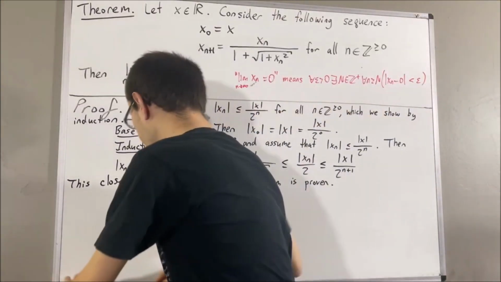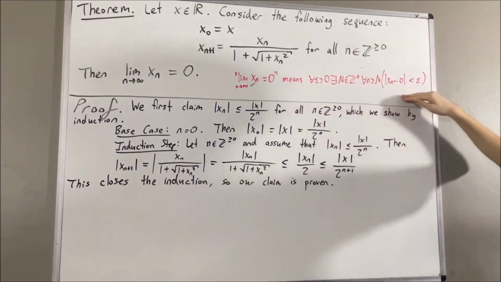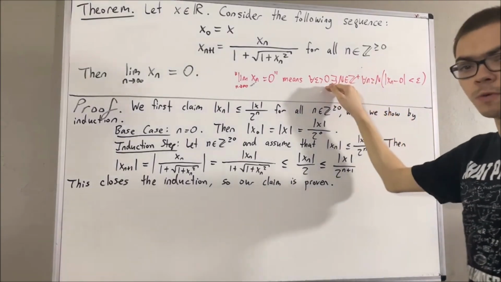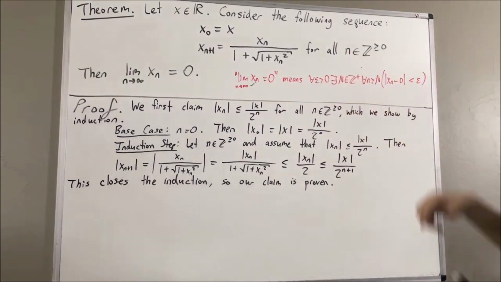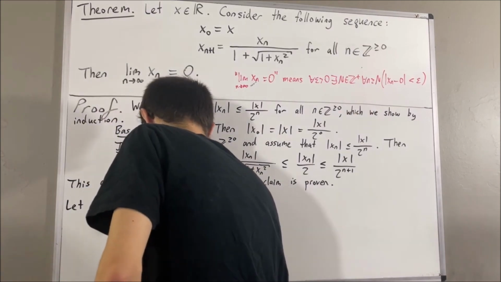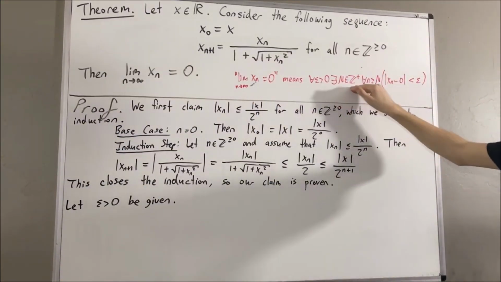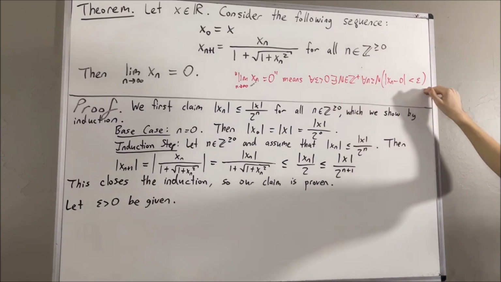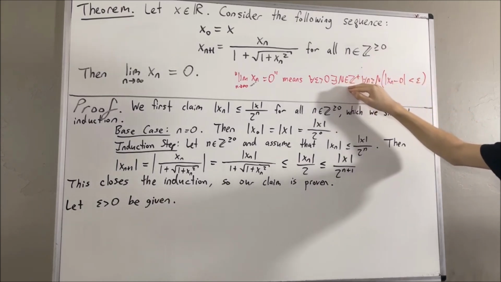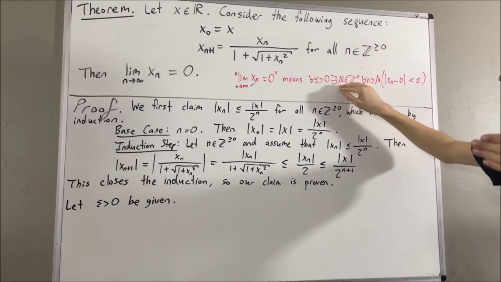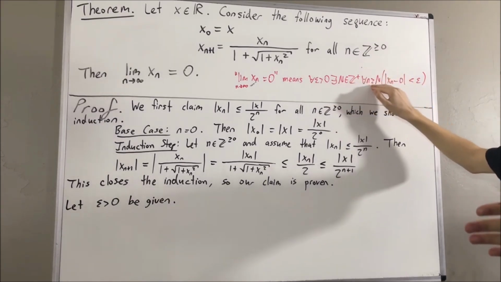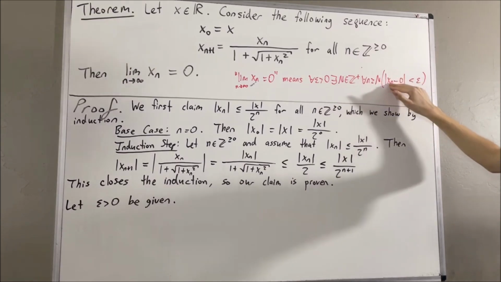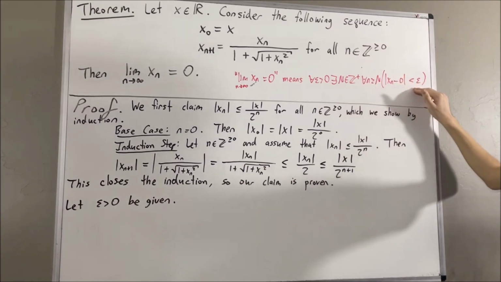And so, to prove this statement, since we're trying to prove a statement about every epsilon greater than 0, let's give ourselves an arbitrary epsilon greater than 0. And from here, we want to find a positive integer capital N such that this is true. Now, to see how we should choose capital N, whatever capital N is, we want to end up showing that for all n greater than or equal to capital N, the absolute value of xn minus 0 is less than epsilon.